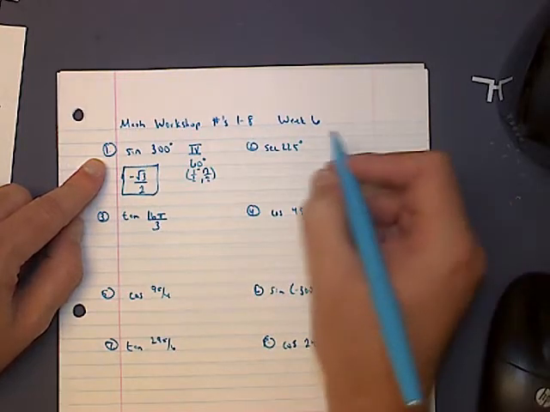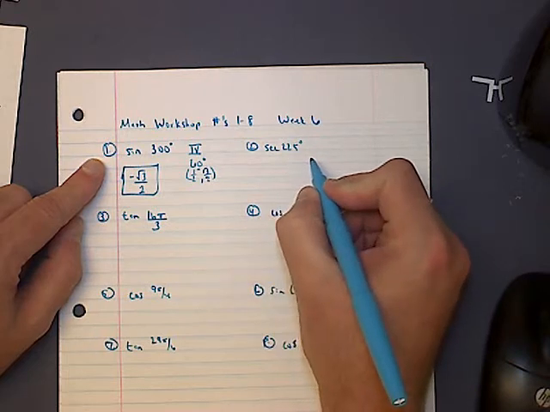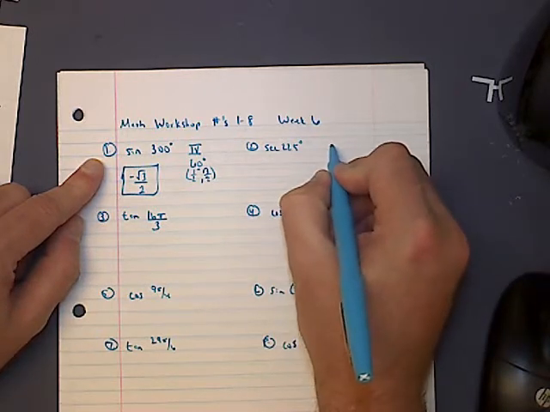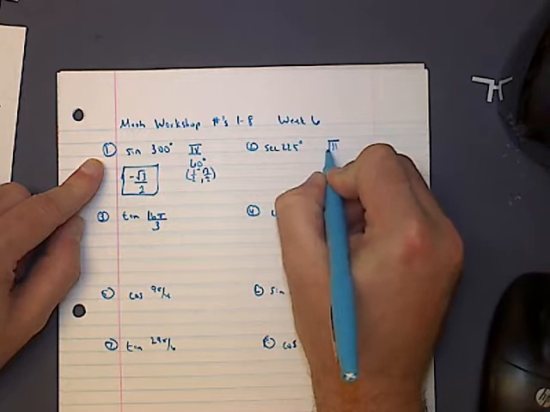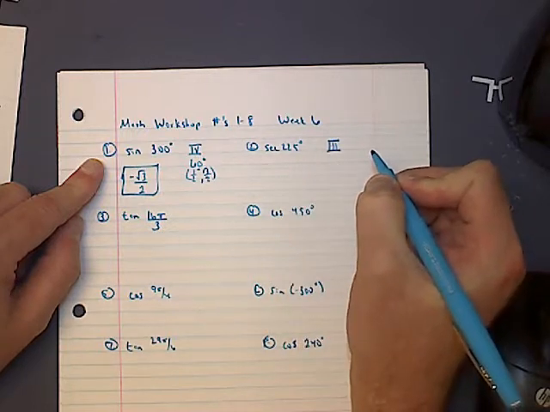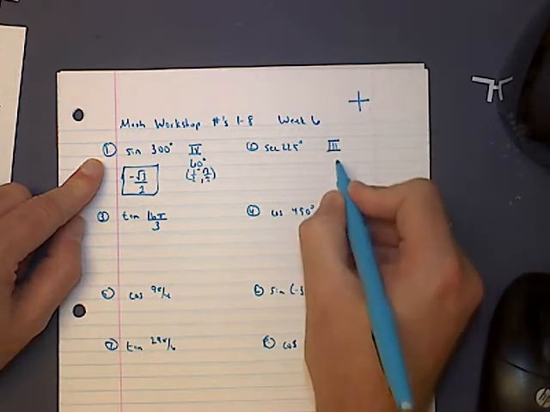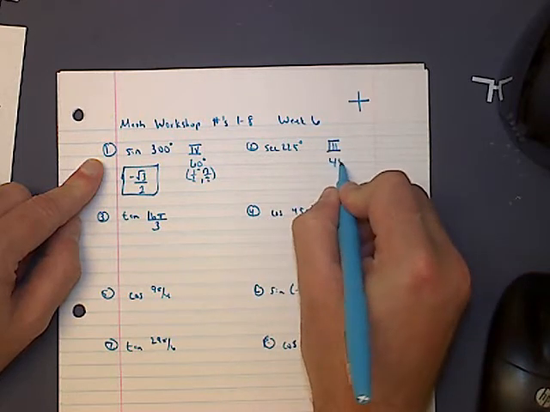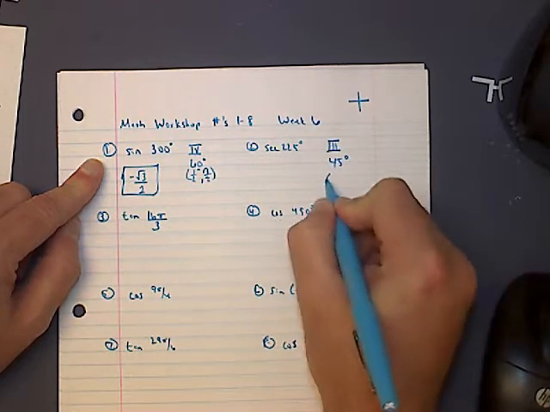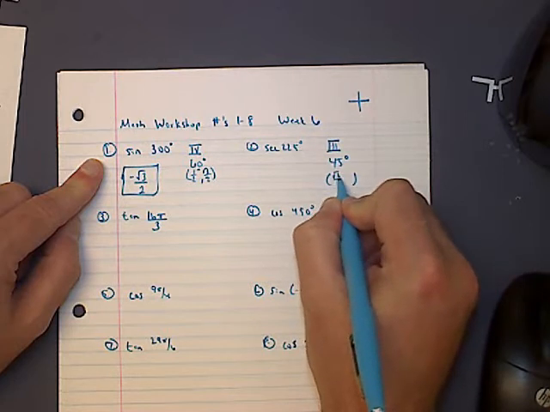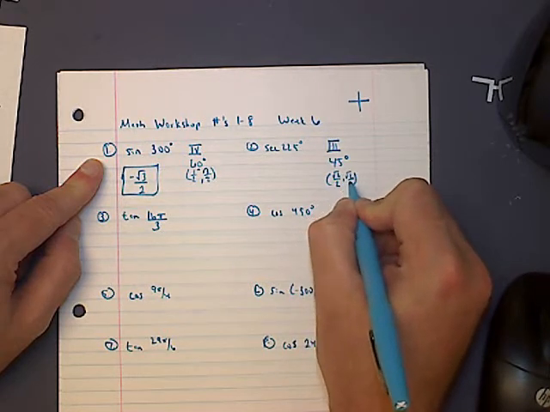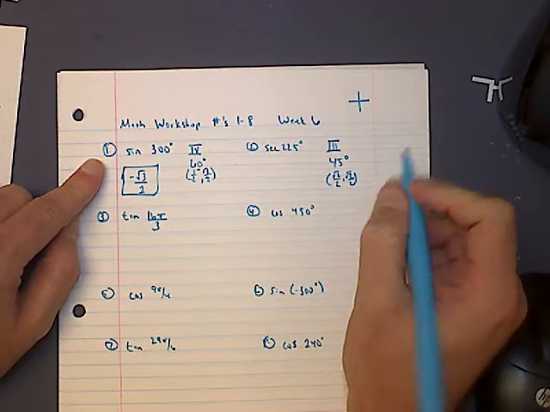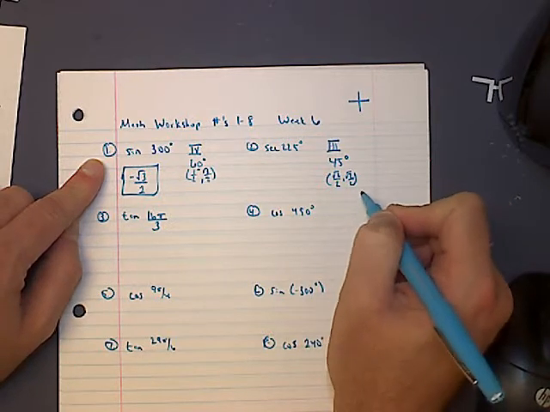So my answer is negative square root of 3 over 2. Number 2, secant of 225. Secant of 225 is in quadrant 3. Find the reference angle: 225 minus 180, that is 45 degrees. The ordered pair associated with that reference angle is square root of 2 over 2 and square root of 2 over 2.